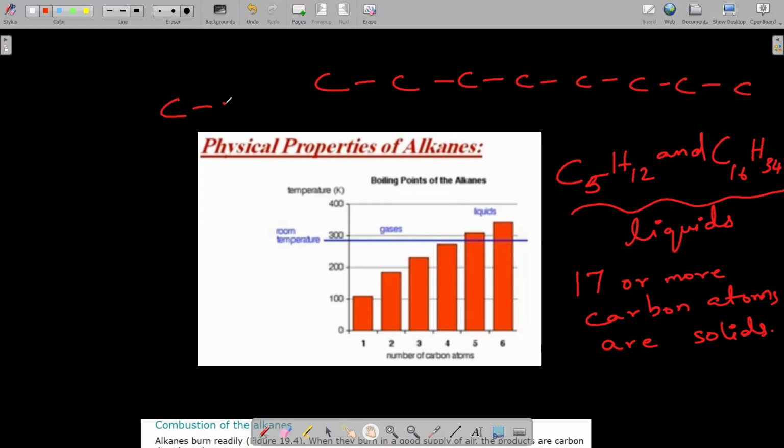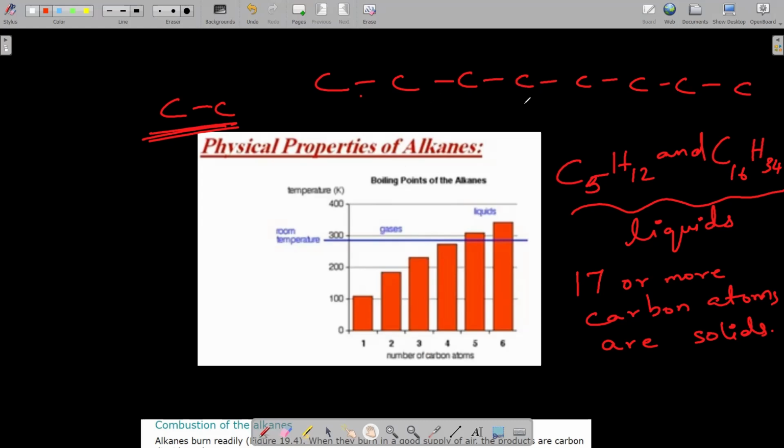If you compare a molecule which has only 2 carbons, the attraction is weaker compared to larger molecules. So more energy is required to break these stronger intermolecular forces of attraction, and this increases the boiling point.